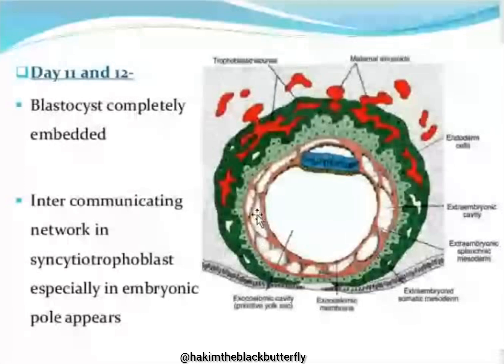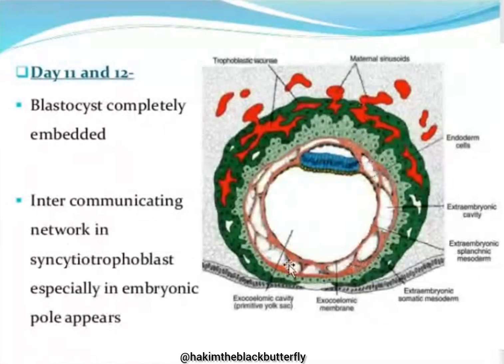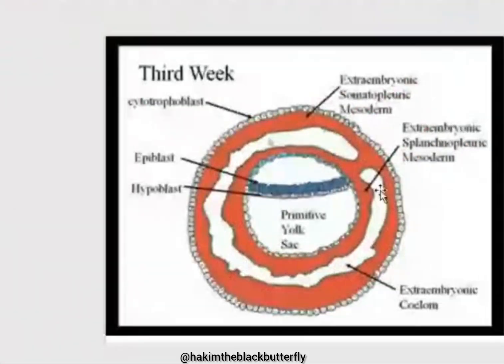Further, we saw that cavities develop in the extraembryonic mesoderm, except at the connecting stalk, where the umbilical cord is going to connect the embryo to the placenta. And then we saw that these cavities coalesce or join to form what we call the chorionic cavity or extraembryonic cavity or extraembryonic coelom, except at the connecting stalk.